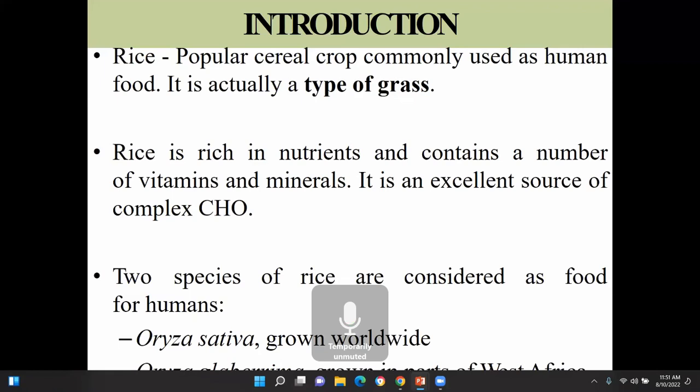Actually, carbohydrate is correct here. Under carbohydrate, carbon, hydrogen, and oxygen are included. Normally we mention CHO. It is called carbohydrate. Okay, that is correct. You can read this sentence also: it is an excellent source of complex carbohydrate.